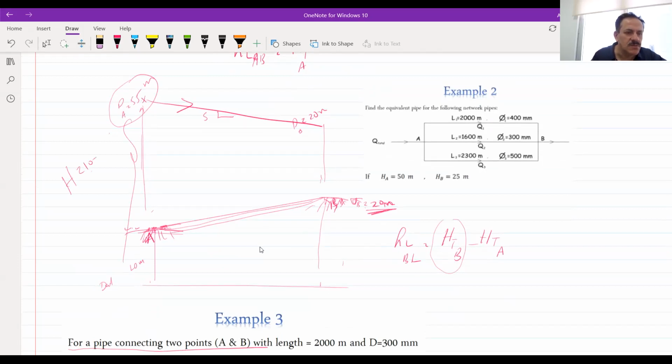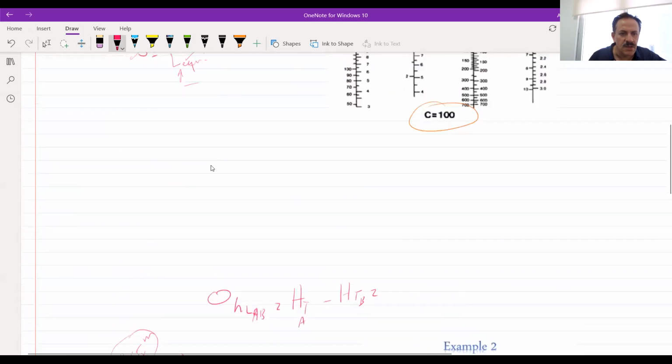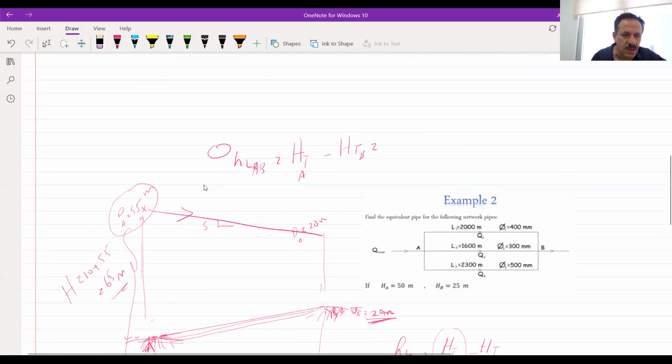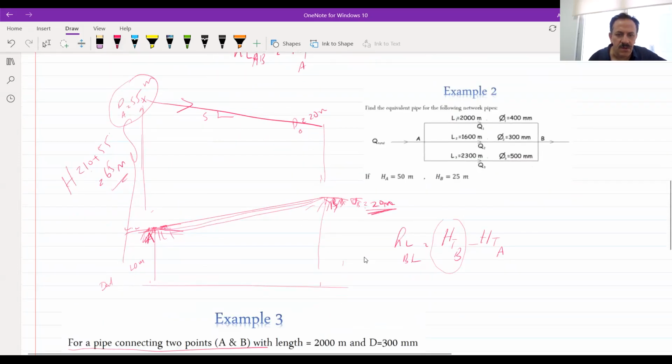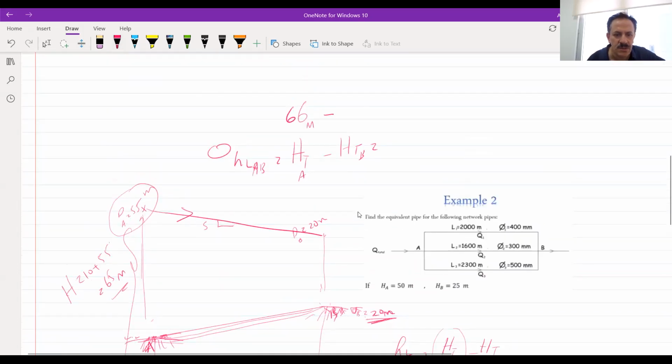So 10 plus 55 is equal to 65 meters. The level of B is 20 meters, pressure at B is 20, so the total head at B is equal to 40, because 20 plus 20.